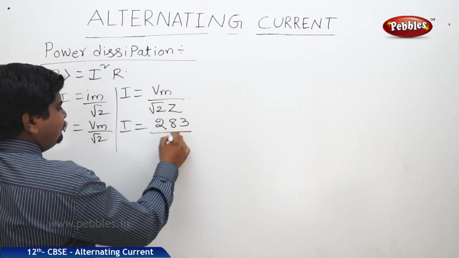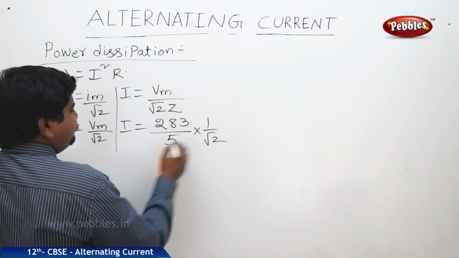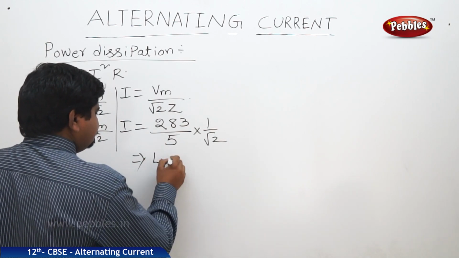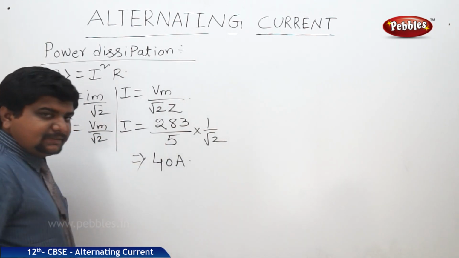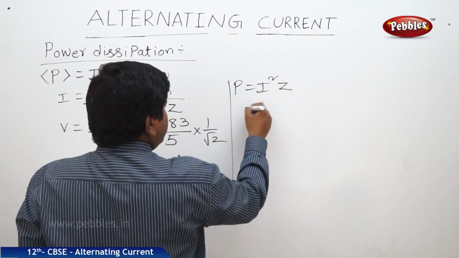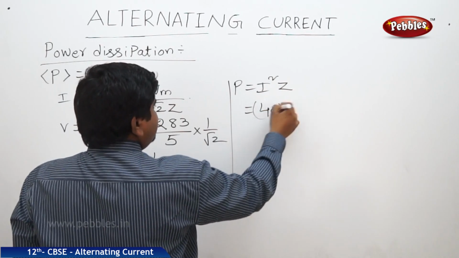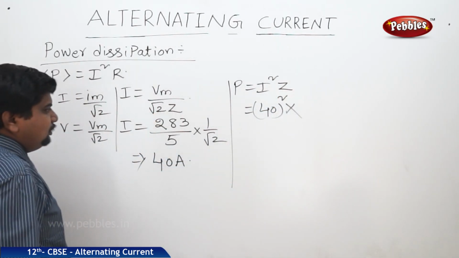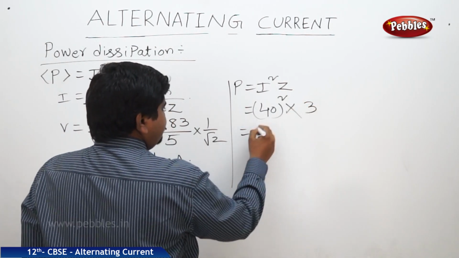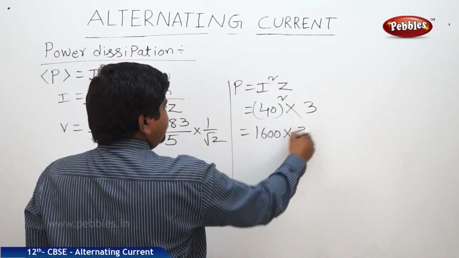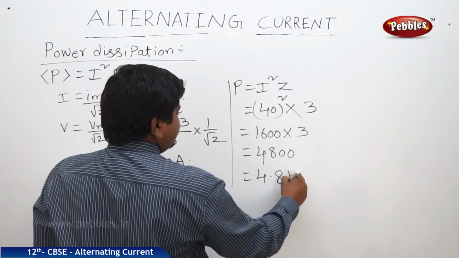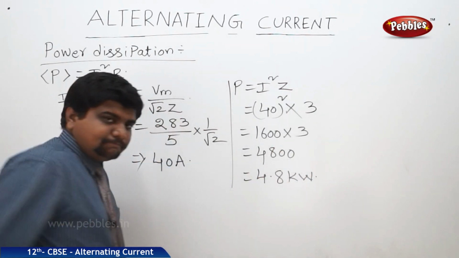What is the Z? 5 into 1 by root 2. So finally, you will get it is 40 amperes. Therefore, power is equal to I square R. I square means 40 whole square into resistance R is equal to 3. 1600 into 3, 4800. We can write 4.8 kilowatts.